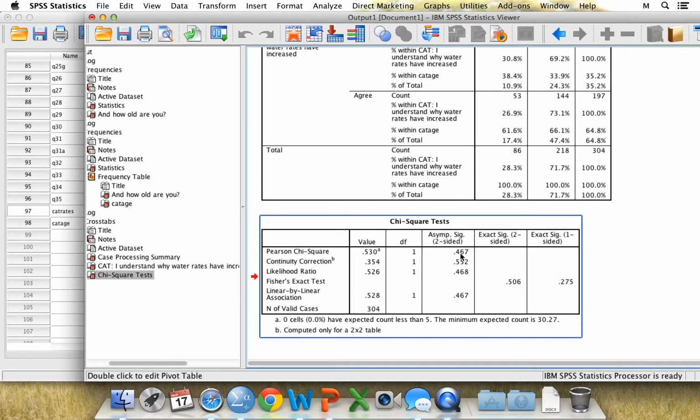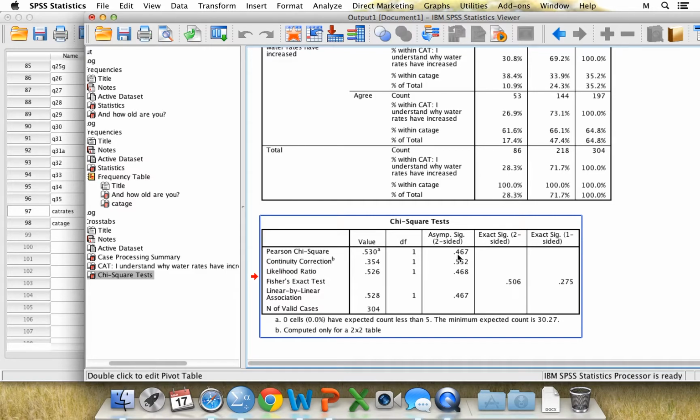So the sig value is 0.467. That's bigger than 0.05. So usually we want it to be smaller than 0.05. So this means age is not significantly related to people's understanding of water rates increase reasons.